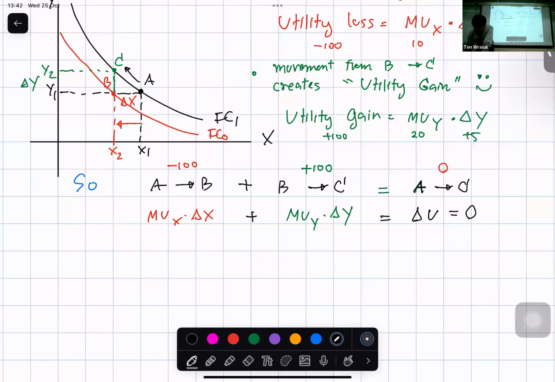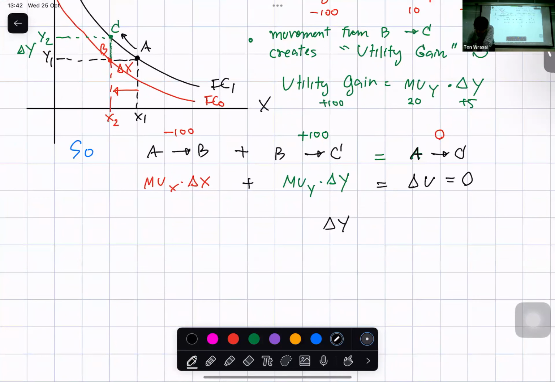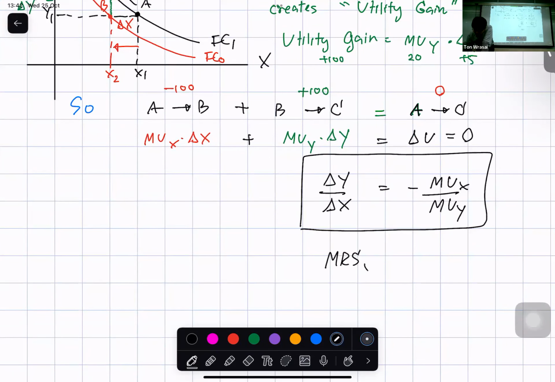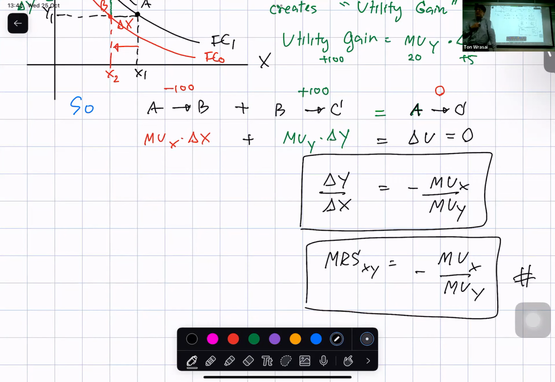So we rearrange this equation. Finally, we obtained what we tried to prove: this MRS can be written as this MU ratio.